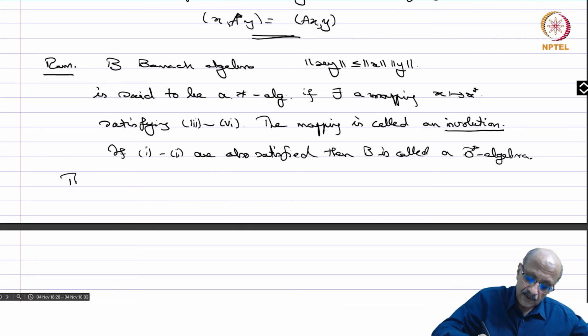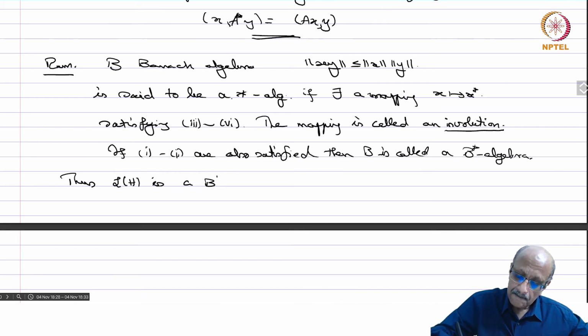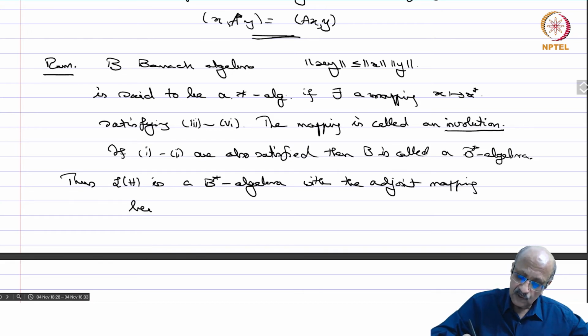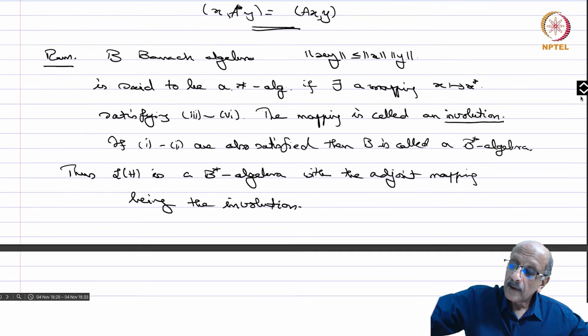Thus L of H is a B star algebra with the adjoint mapping being the involution.